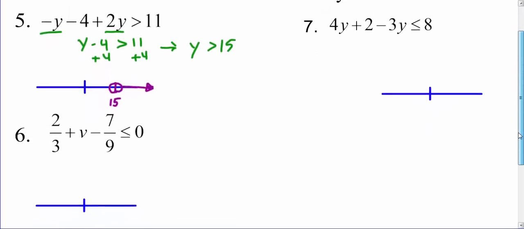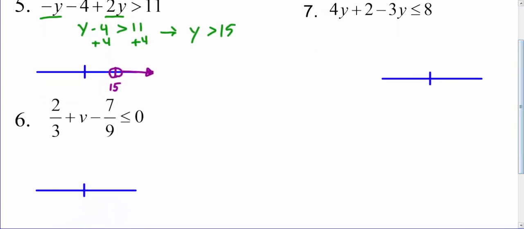Okay, let's go down to number 6. I know you guys love fractions. I didn't want to cheat you on that, so we have an opportunity to practice those. 2/3 plus v minus 7/9 is less than or equal to 0. Now, what I'm looking at is essentially I just need to combine this term and this term before I do the other work, and this denominator is 3, this one's 9.